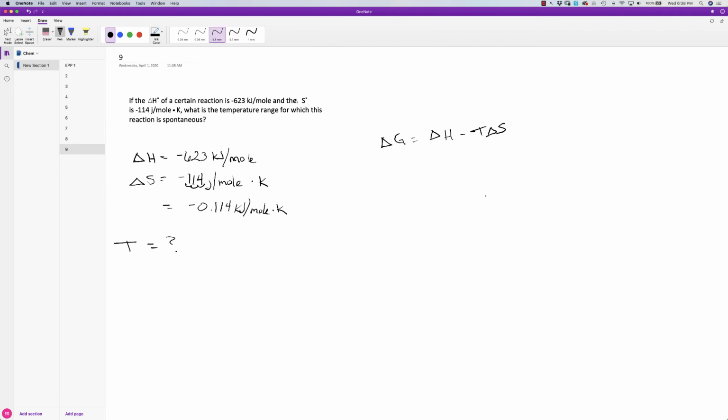We need to set Gibbs free energy to 0, remember, in order to figure this out. For it to be spontaneous, Gibbs has to be less than 0.